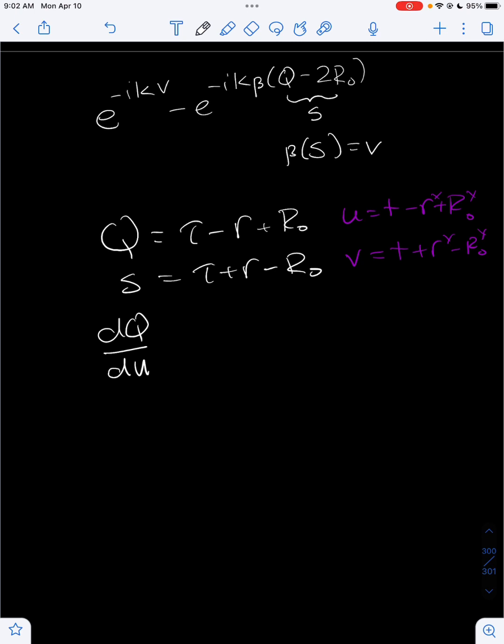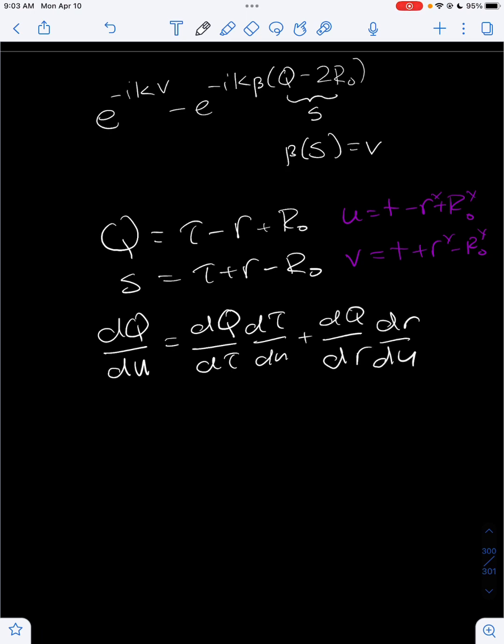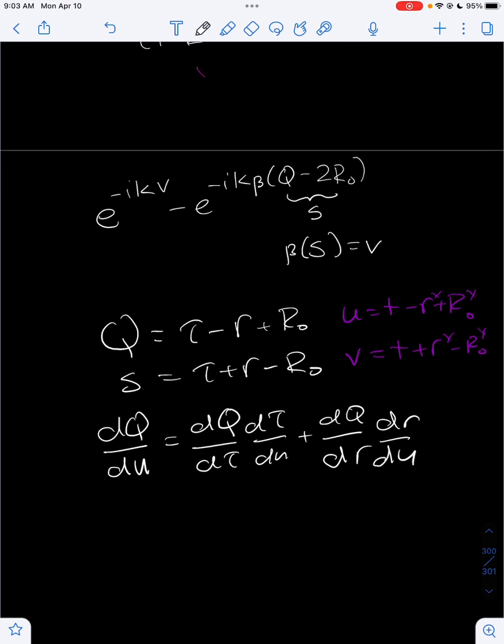So we can just use the chain rule. This is just dq over d tau times d tau over du, plus dq over dr over du. Recall again that r is going to be a function of proper time. It's the radius of the sphere as it collapses.